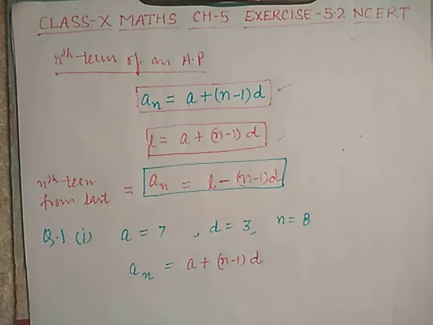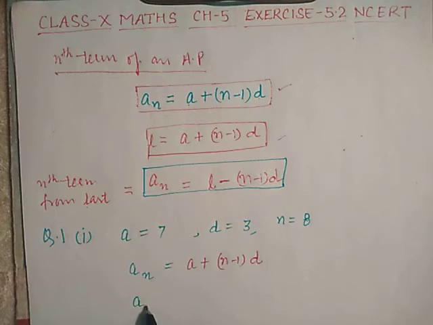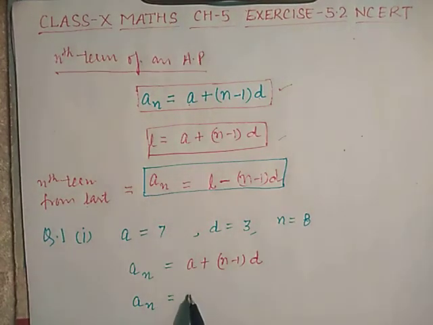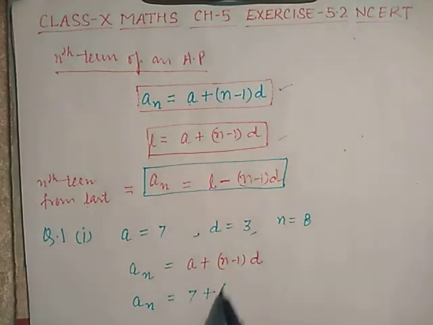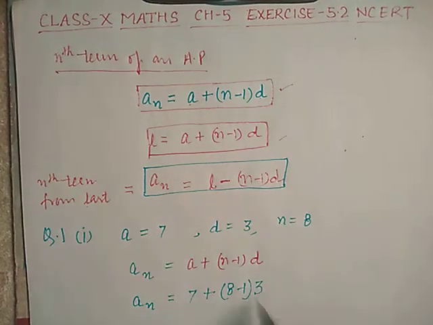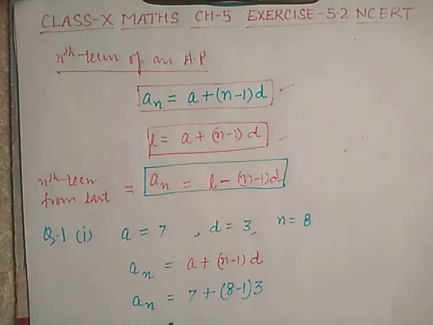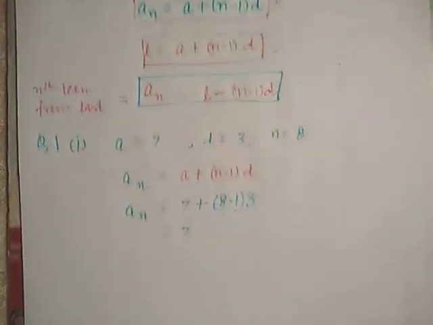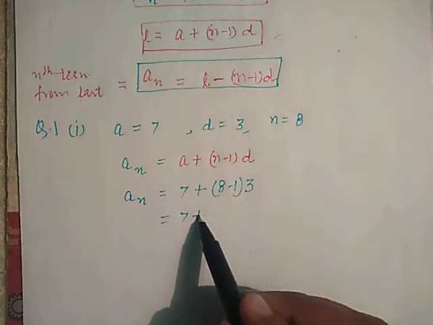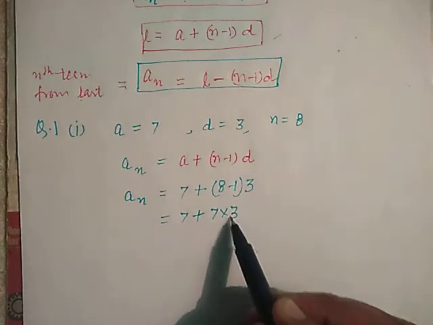Now we will put in the entries a, n and d to find the nth term. So an will be equal to a, that is 7, plus n is 8, so 8 minus 1, and d is 3. We will solve it further. We get 7 plus 8 minus 1, which is 7, into 3.